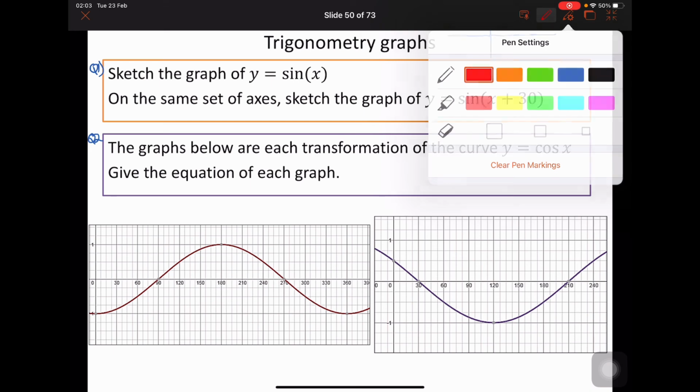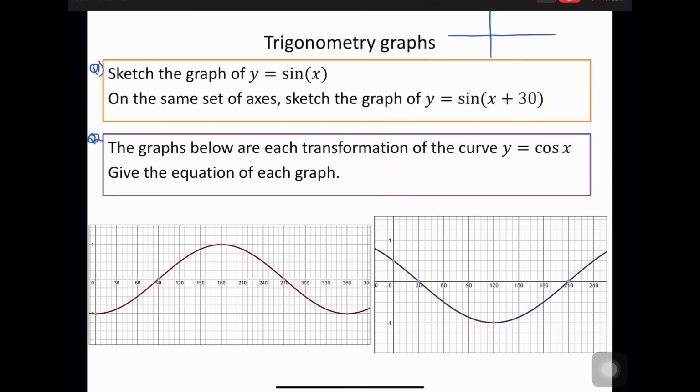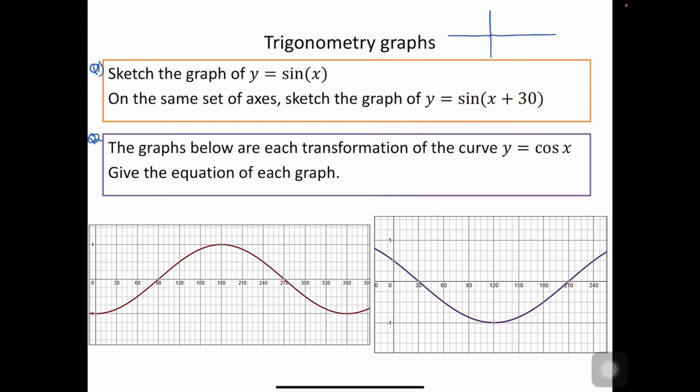Remember, cos starts at 1, so sine starts at 0. This is 1 period. Go something like this. Could go on and on, but it's not very necessary.